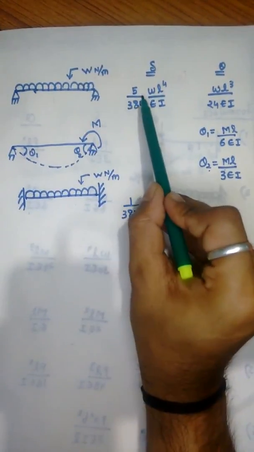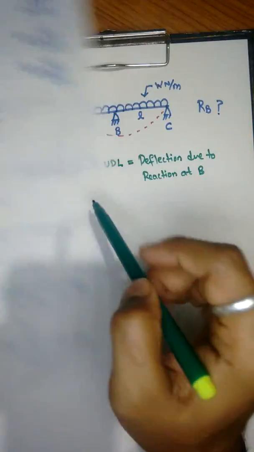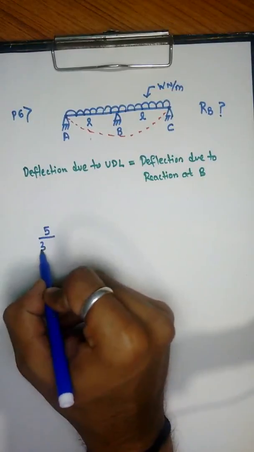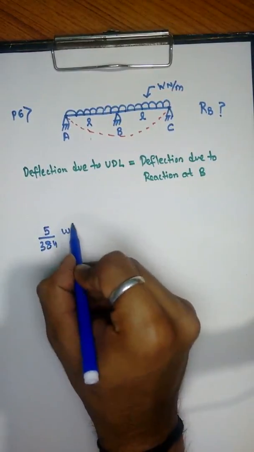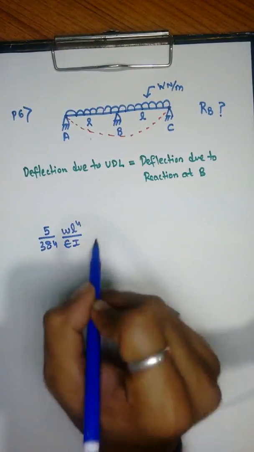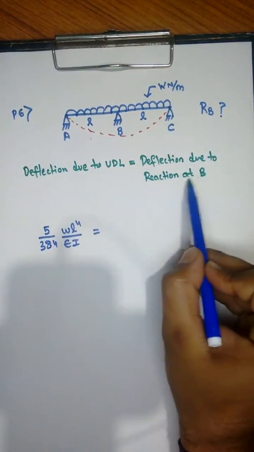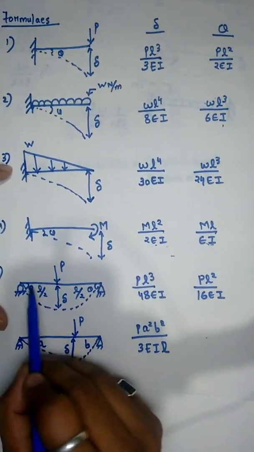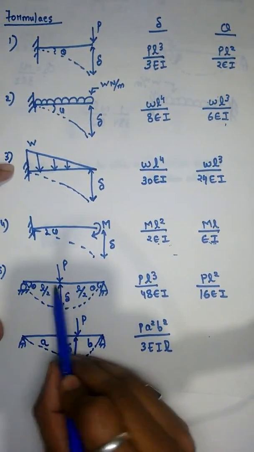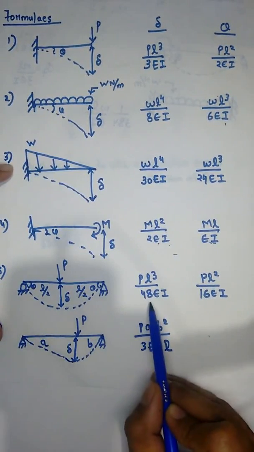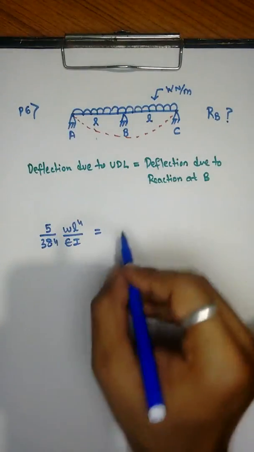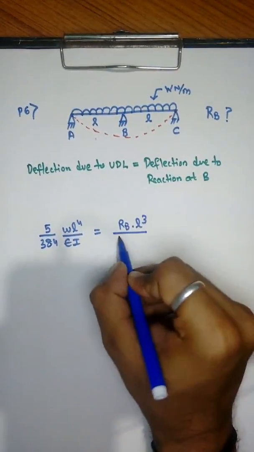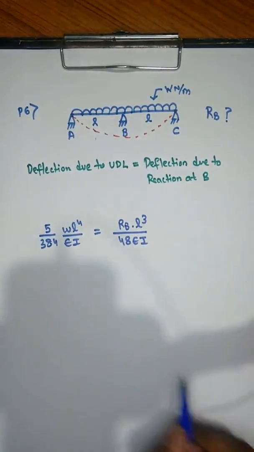Deflection due to UDL is 5 upon 384 WL to the power 4 upon EI, which is equal to deflection due to reaction at B. The deflection due to point load in a simply supported beam is PL cube upon 48 EI, so it is RB L cube upon 48 EI.